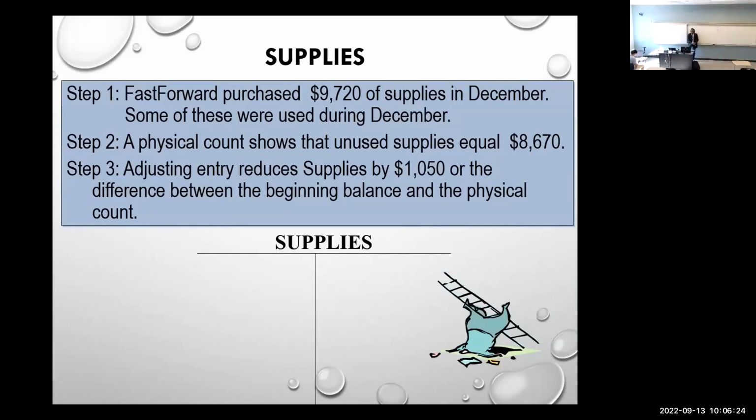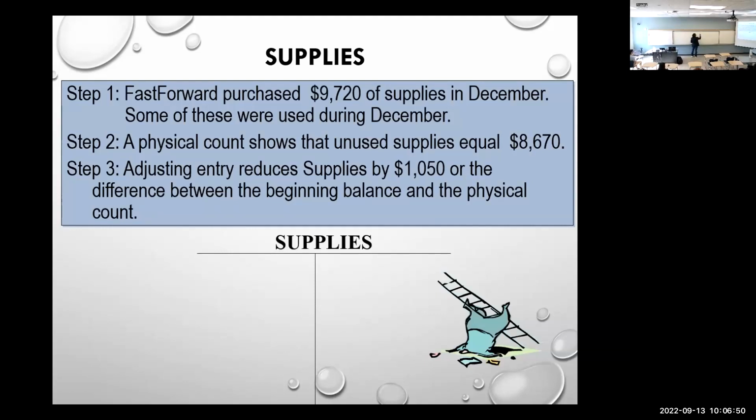With that being said, look at this example. Fast Forward purchased $9,720 worth of supplies in December. Some of these were used in December. So what they're saying here is that beginning inventory was zero.